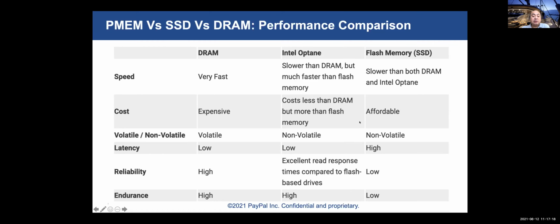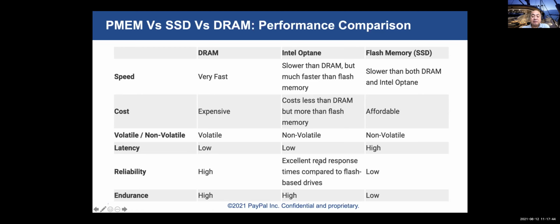But the main point in this presentation is the fact that persistent memory is non-volatile. And in the second half of the presentation, we are going to show you how this particular fact that it's non-volatile benefits PayPal from an operational perspective. And the latency is that PMEM is almost as fast as the DRAM. So that's the main advantage.